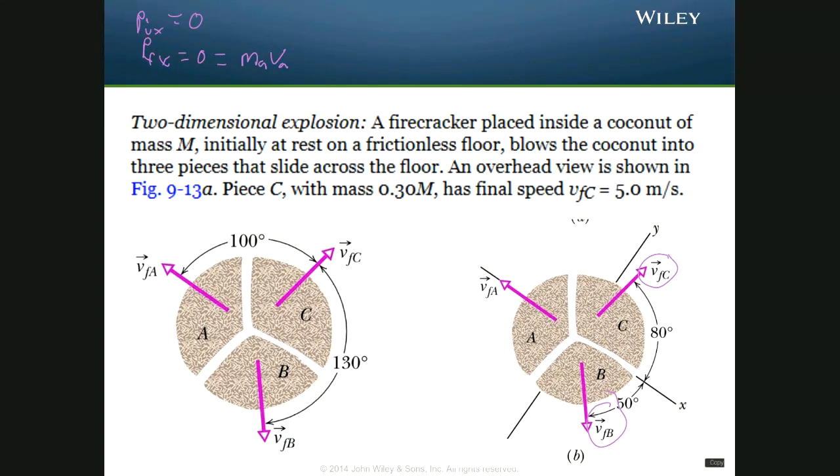And then we can look at B, and that's going in the positive X direction, so that'll be plus MB times its VB cosine of minus 50. Actually, this should be a minus sign, right?